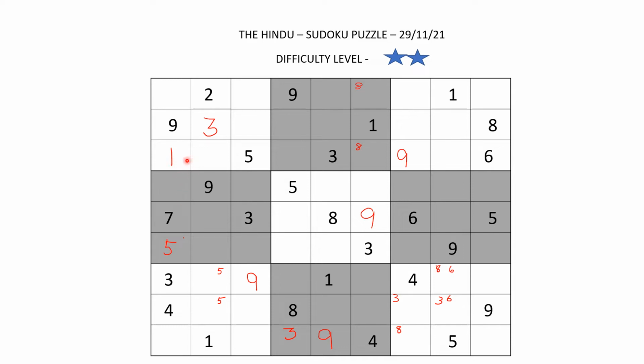Now moving down, this one blocks this cell and this one blocks this cell. So there are 1 in these 2 cells. So let's make a small mark of 1. And moving on, you have 1 blocking here, 1 blocking here. So these 2 cells take 1.